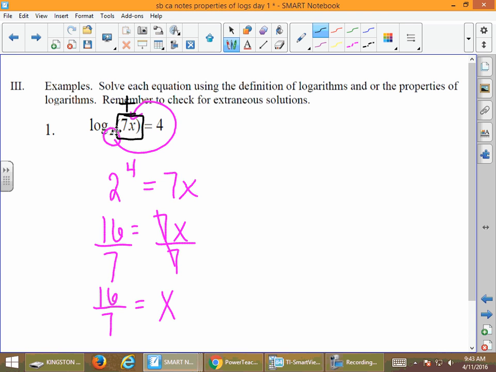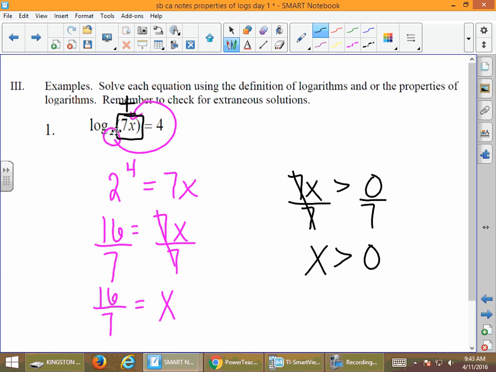Just as an aside, another way that you could check is to check the domain. In the domain, we would say 7x is greater than 0. Divide both sides by 7. Is our answer greater than 0? Yes.